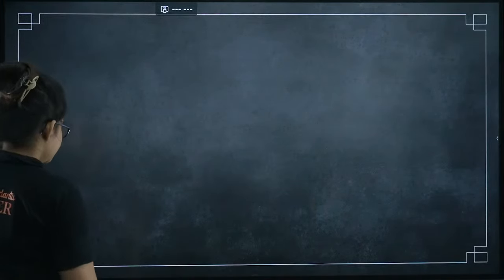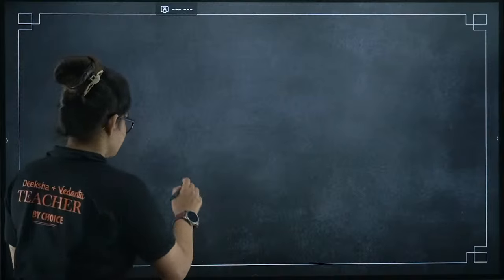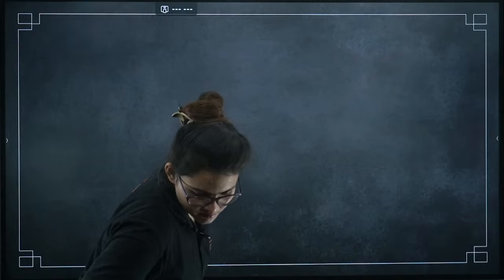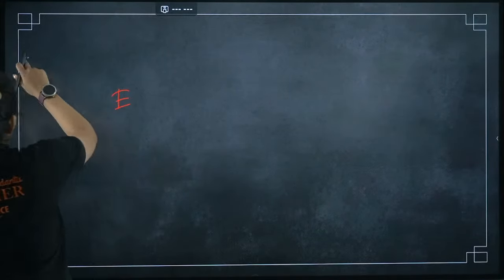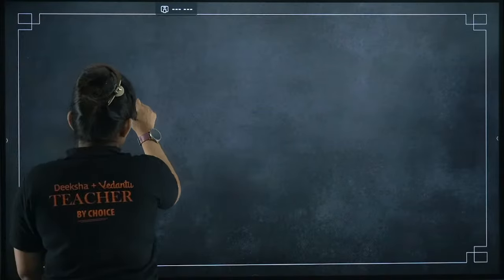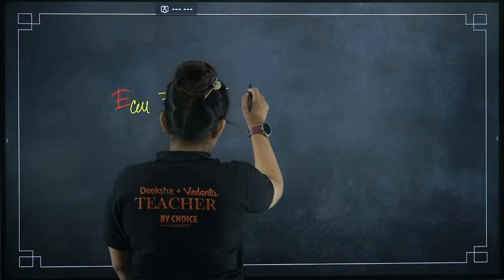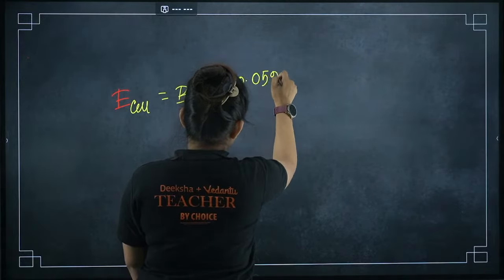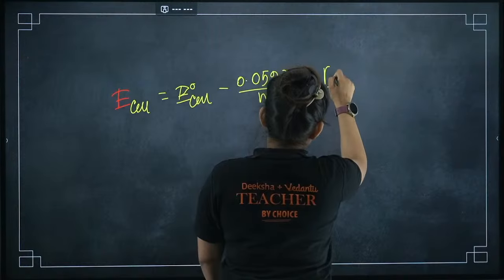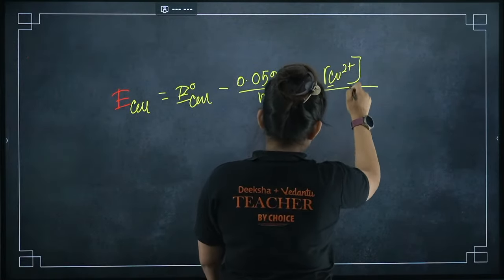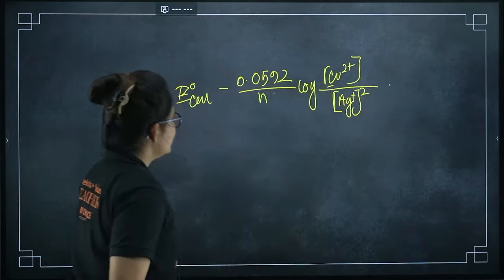First just apply the simple Nernst equation, because this is the major question zone from the electrochemistry chapter itself. E cell equals E0 cell minus 0.0592 divided by n, log Cu2+ divided by Ag+ squared.